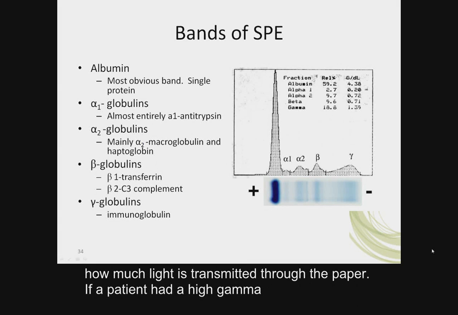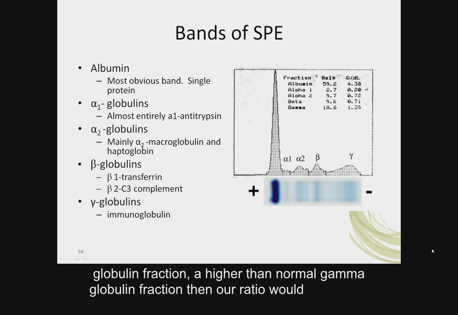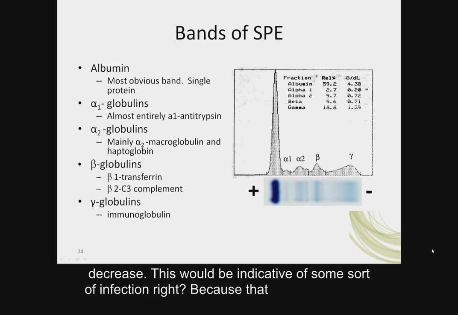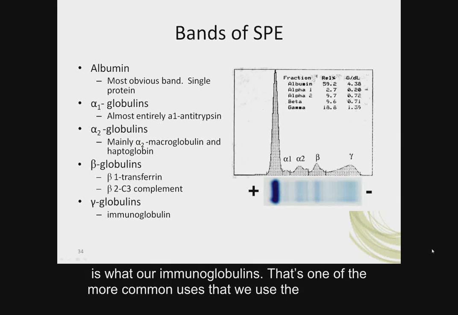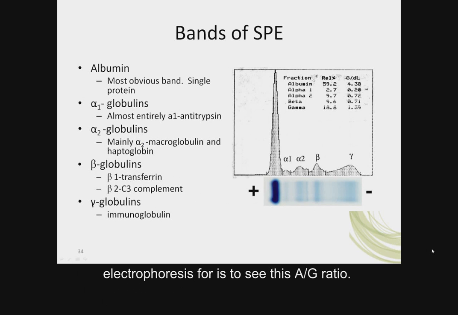If a patient had a higher than normal gamma globulin fraction, then our ratio would actually decrease. This would be indicative of some sort of infection, right? Because that is what our gamma globulins or immunoglobulins would be fighting. That's one of the more common uses that we use the electrophoresis for, is to see this AG ratio.